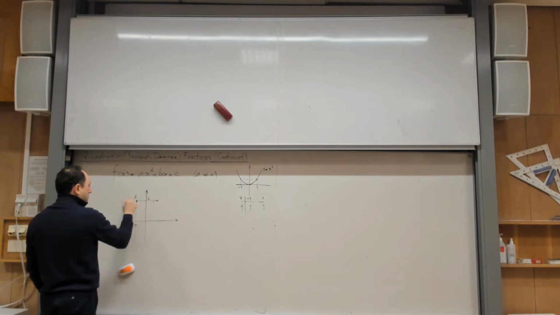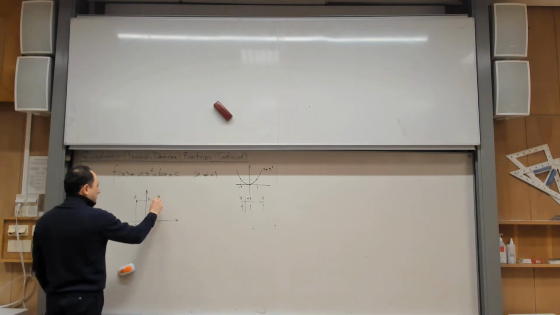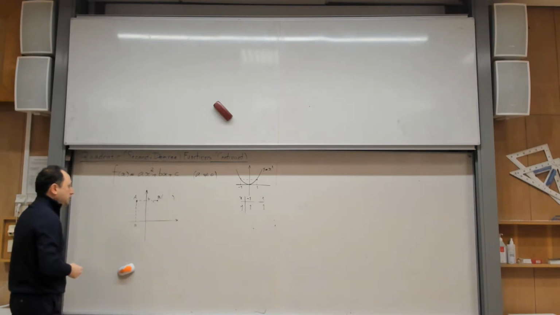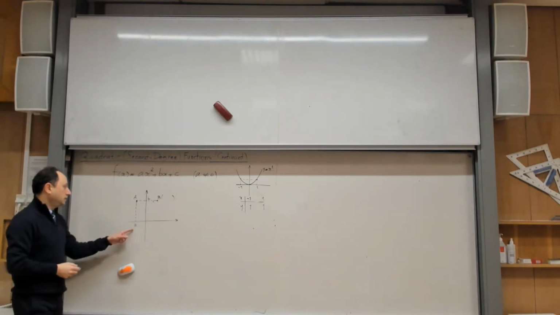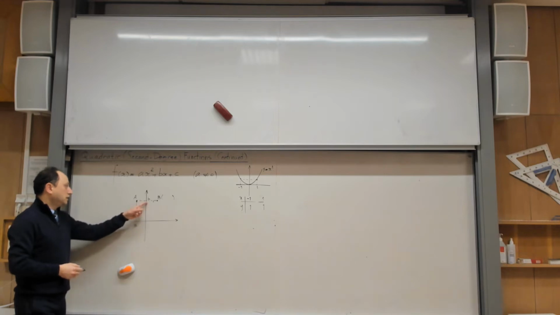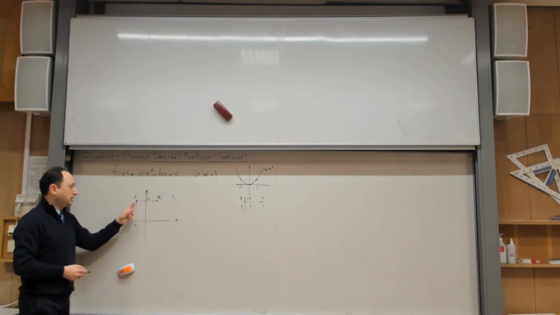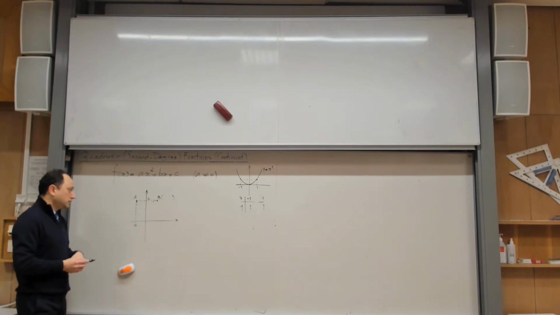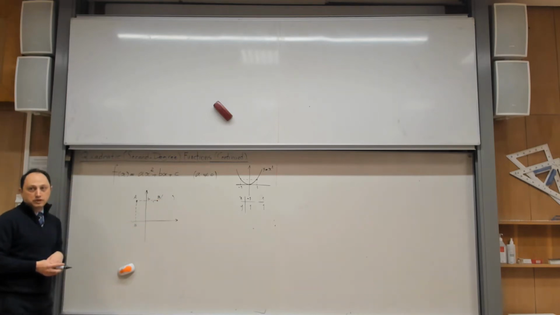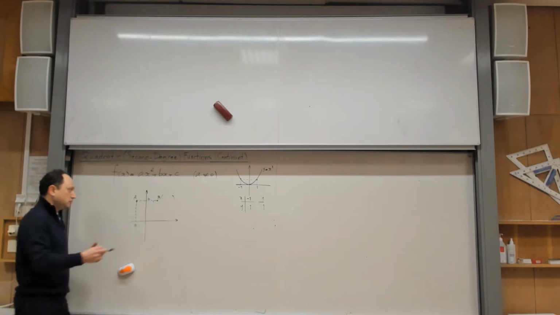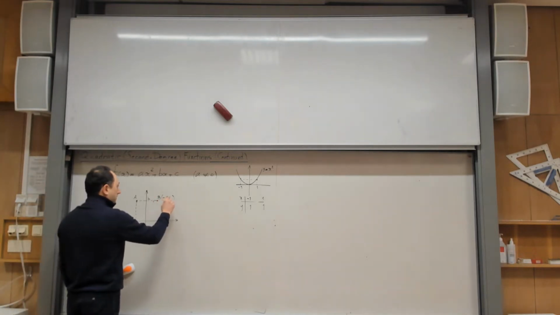Let me call this point A and this point B. Can you read the coordinates of point B now? If I give you A, and you reflect this point about the y-axis, you get another point. So B is the mirror image of A. I'm asking you, can you tell me the coordinates of B now? Yes? Minus a, b.